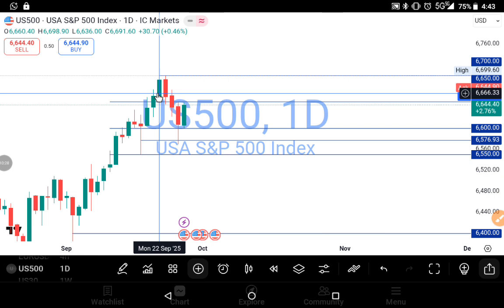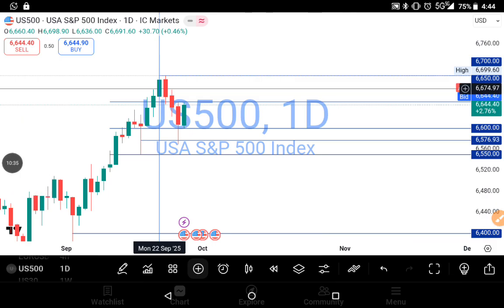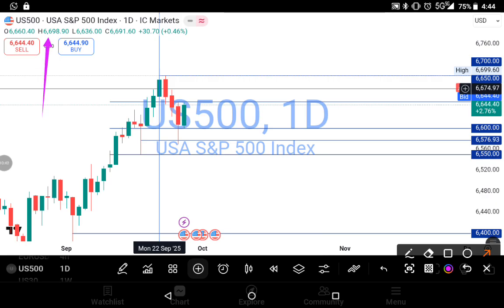The high of that candle comes in at 6679.90, and I'm watching for 6700. So it's even less than one hand.